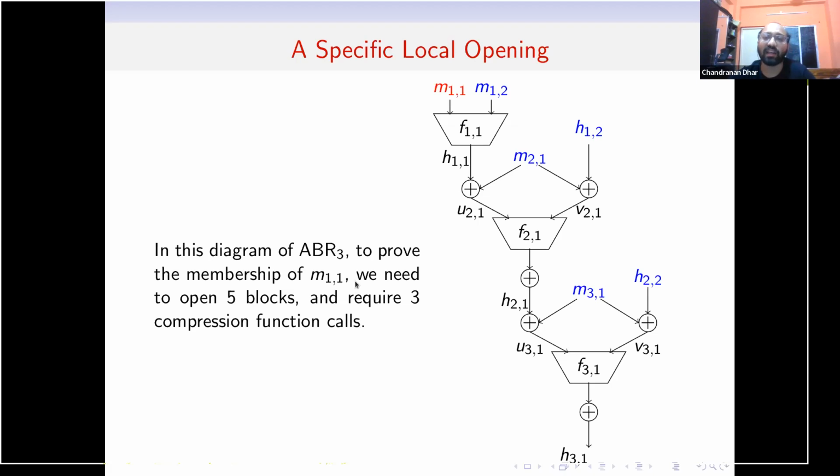In this tree, to prove the membership of the first message block, that is M11, we need to open 5 blocks, which I have depicted in blue, and then to verify the membership, we require the 3 compression function calls, F11, F21, and F31. This specific local opening for a general tree ABR-L was suggested by the authors of ABR in their paper.